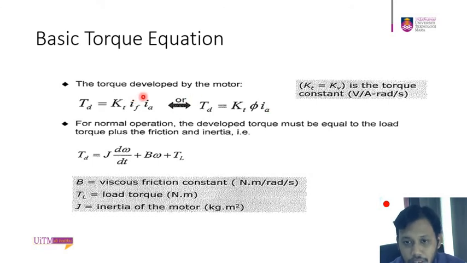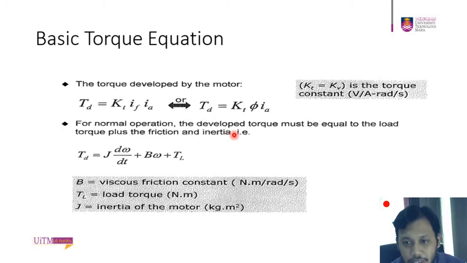First we look into the torque developed by the motor. Torque equals KT IF IA, or torque developed equals KT flux IA. Sometimes the value of KT is used, which is actually equivalent to KV. Later on we will look into that constant.